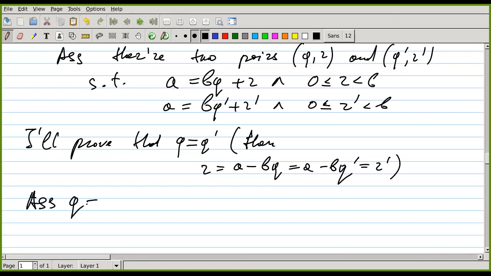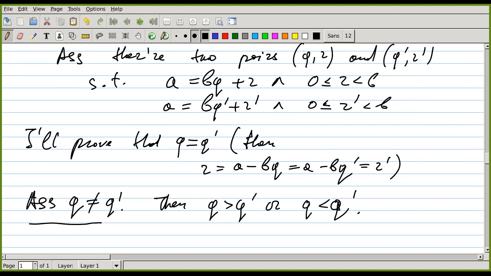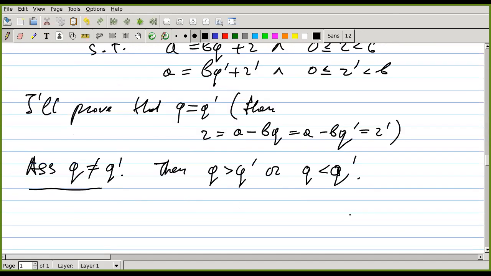Assume that Q is not equal to Q prime. Then Q is either greater than Q prime or is less than Q prime. Do you agree? Yes. But these two cases are almost the same. They're symmetric. So it's clear that it is enough to consider just one of them.